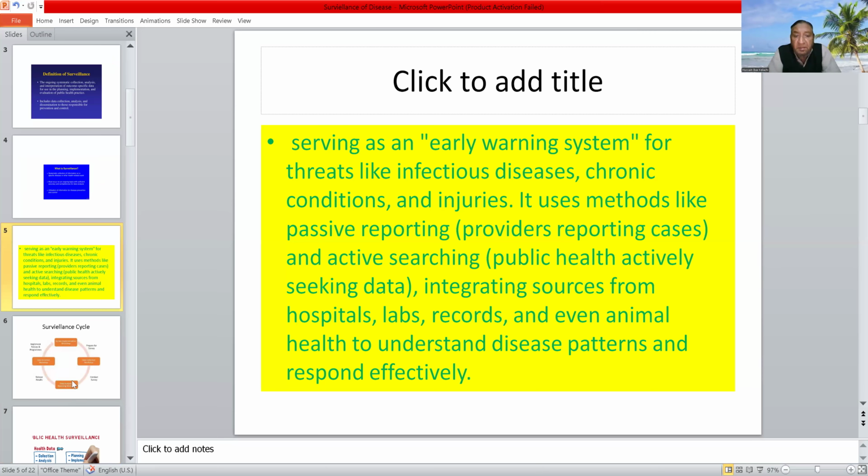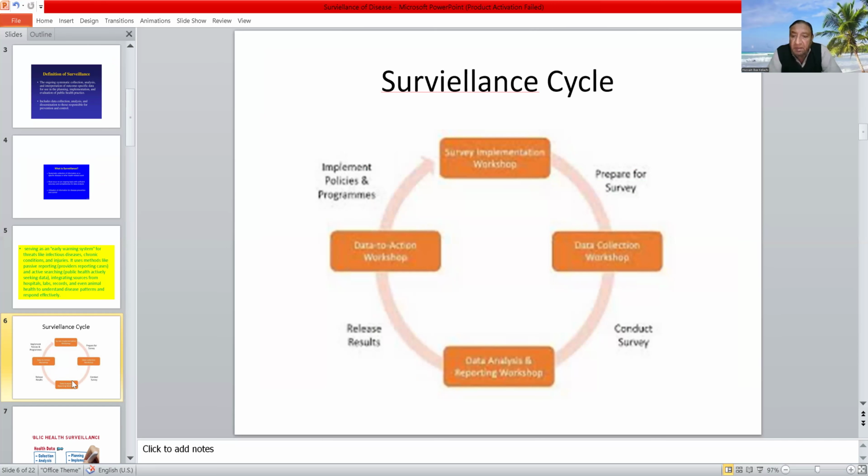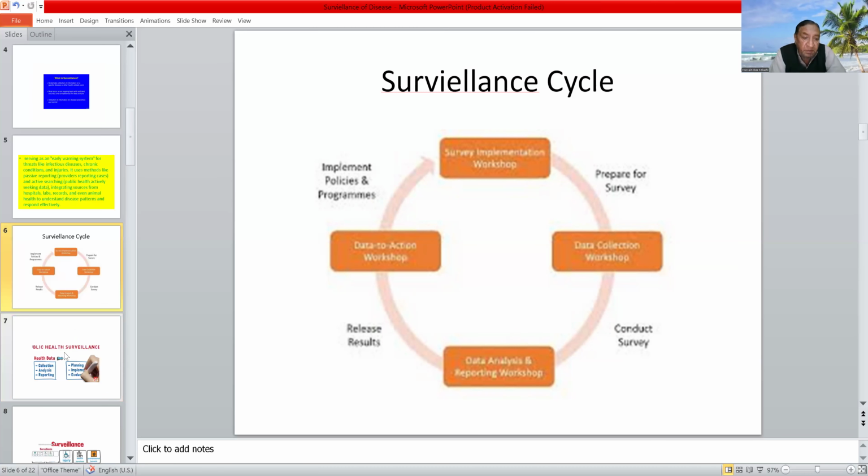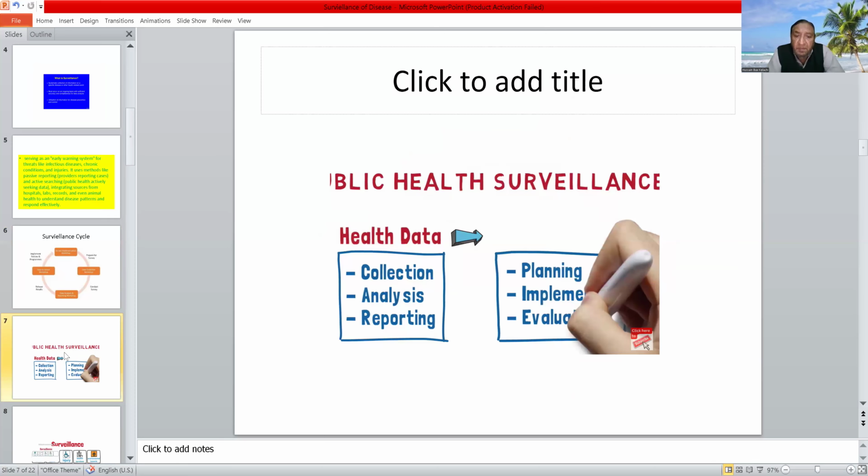This is a simple picture of the surveillance cycle: it will continuously conduct and prepare the survey, then collect and analyze the data, release results, and move from data to action. This is important, and then you implement policies and programs, and if required, you do the information surveillance. So this is public health surveillance and health data collection, reporting, and evaluation.